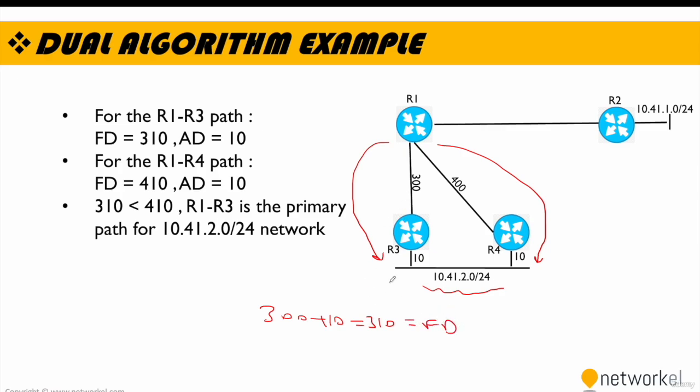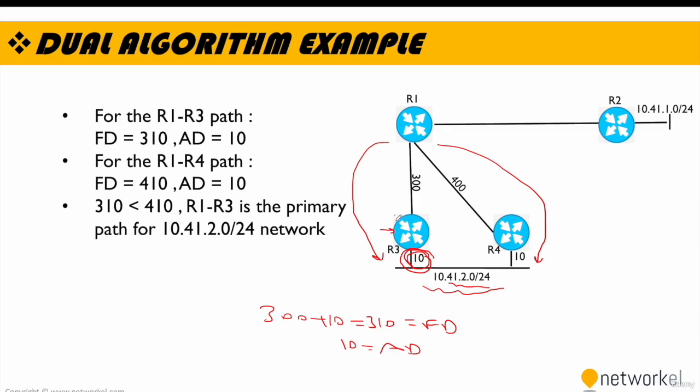On the other hand, the advertised distance is just 10 for the same path. Remember, 10 is the AD, and AD is what my neighbor router is telling me. So router 3 is saying, I have reachability to this network and my value to reach there is only 10.